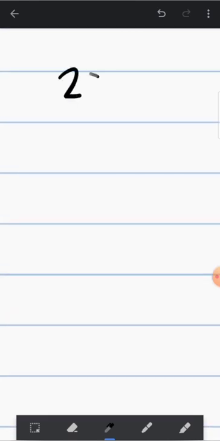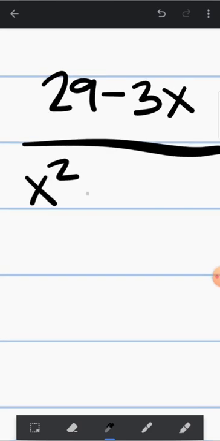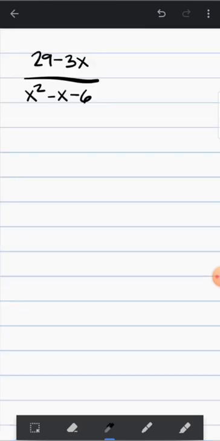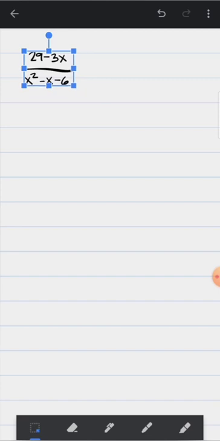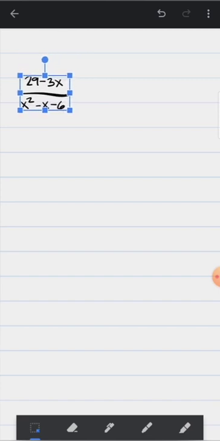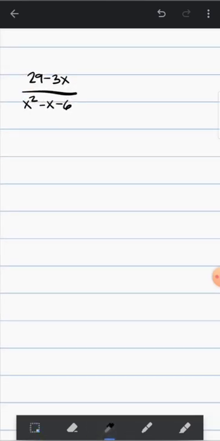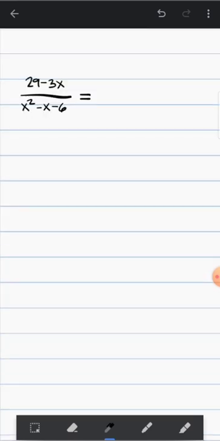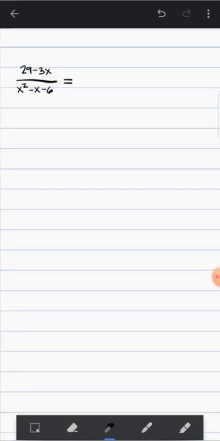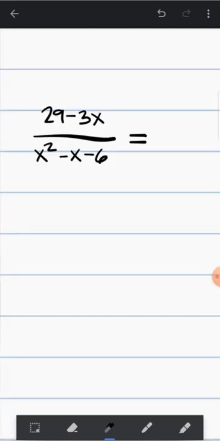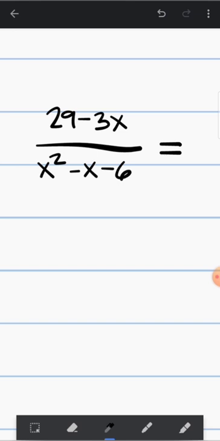So let's have 29 minus 3x all over x squared minus x minus 6. So how are we going to decompose this to its partial form? So the first step is to check whether the numerator is 1 degree less compared to the denominator.